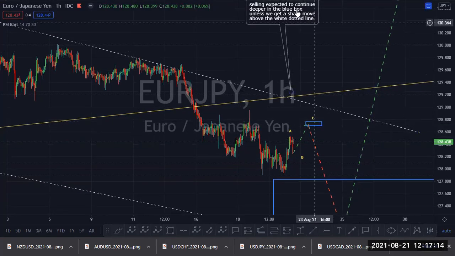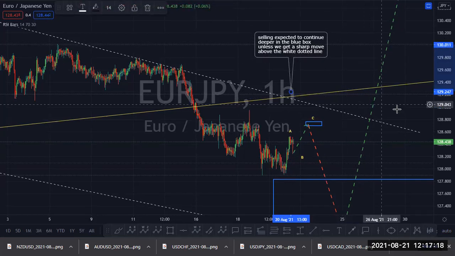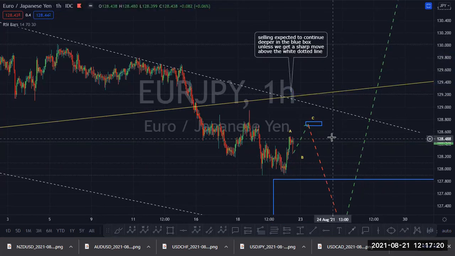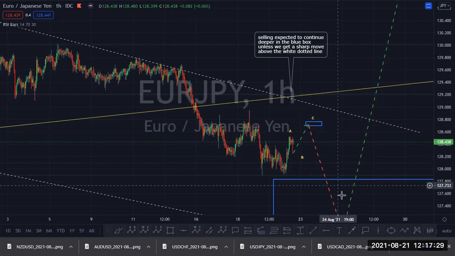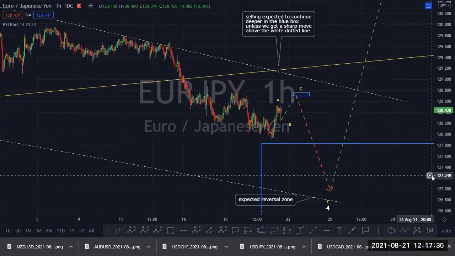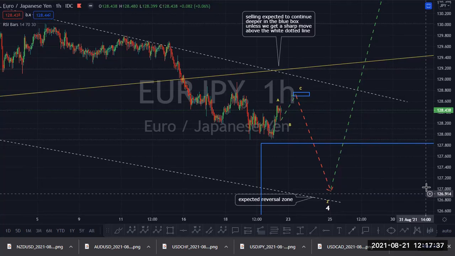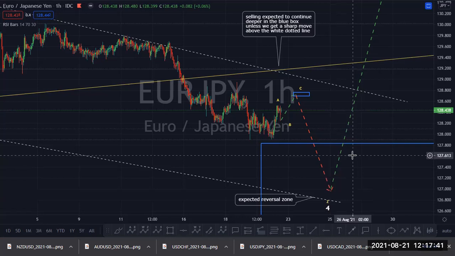All I can tell you is that we look out for the time to sell down to this level, down to 127.1, 127.2 level. So JPY is still a sell market.